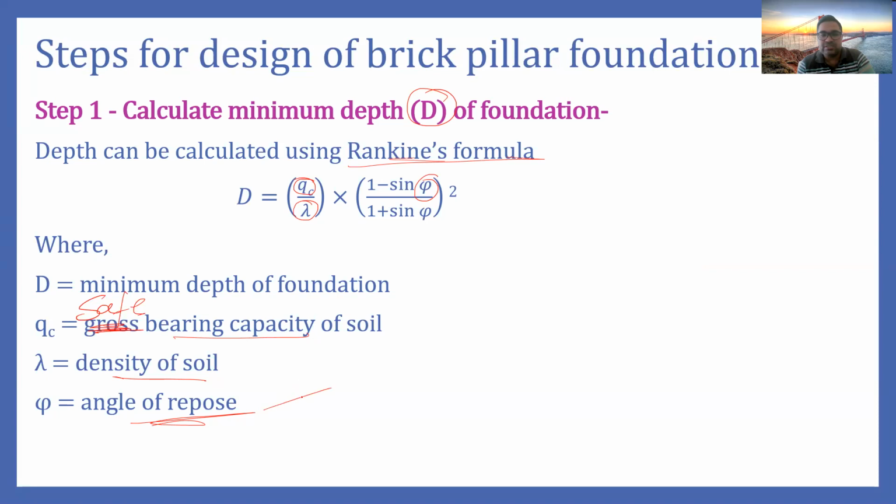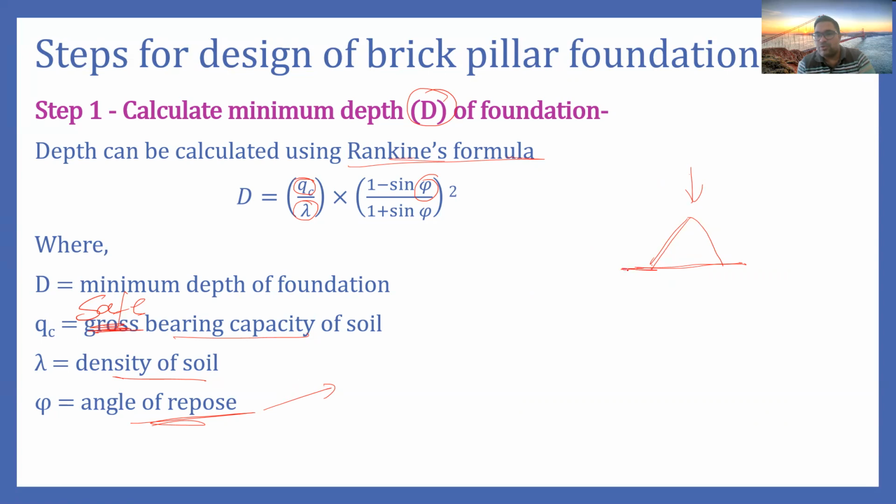We can understand this angle of repose by a simple experiment. Suppose we have sandy soil, and if we let the sandy soil fall freely under gravity, you will see that the sandy soil forms this pyramidical or conical shape.